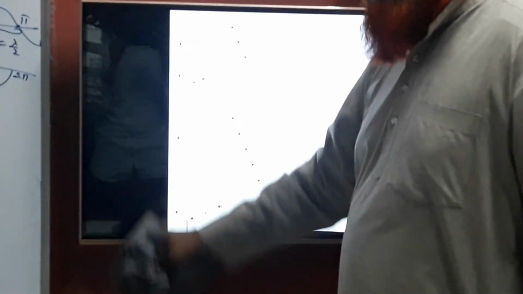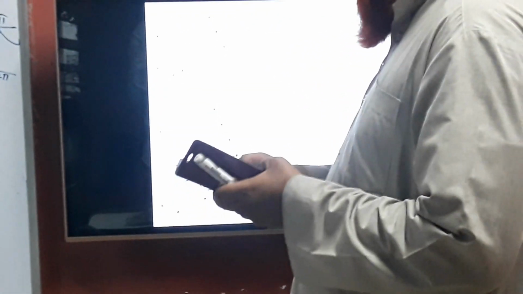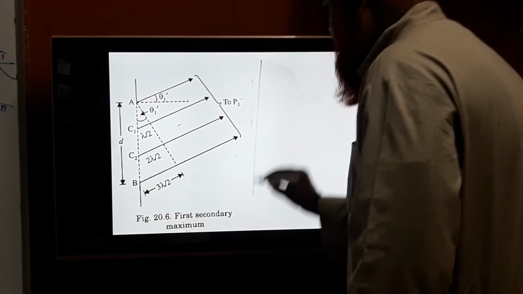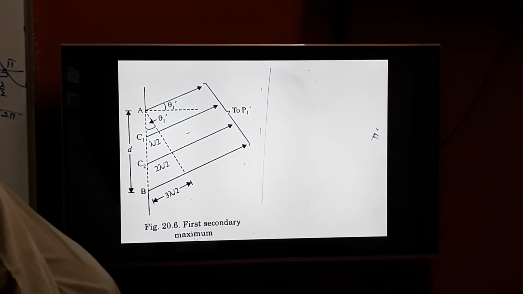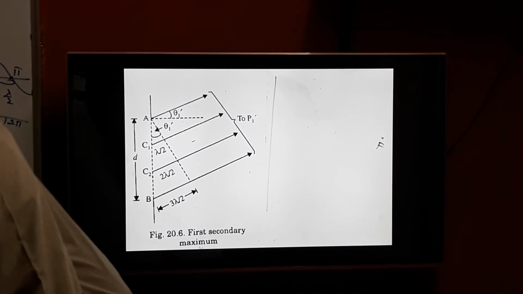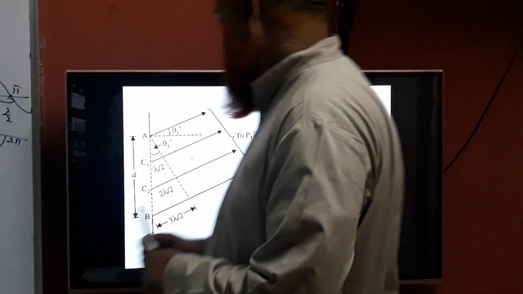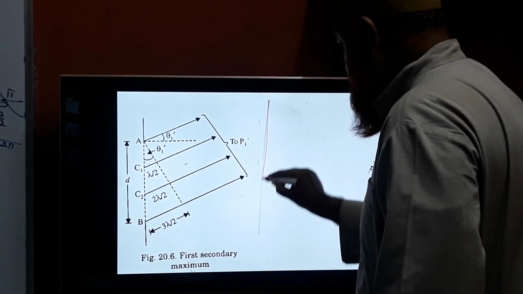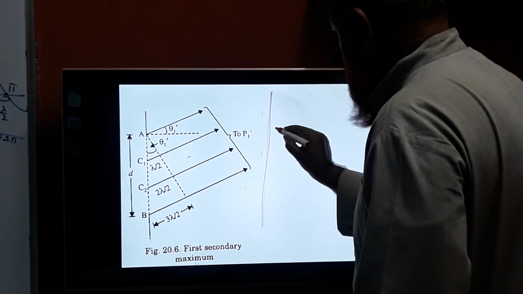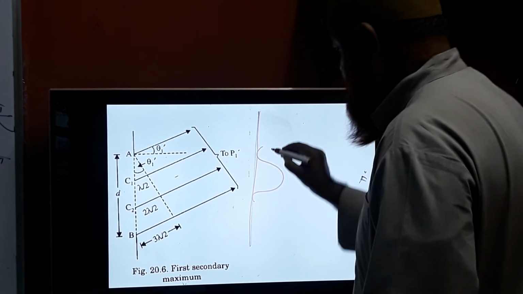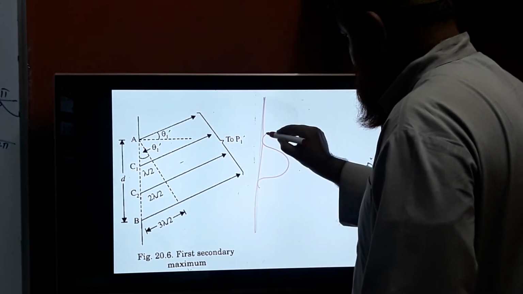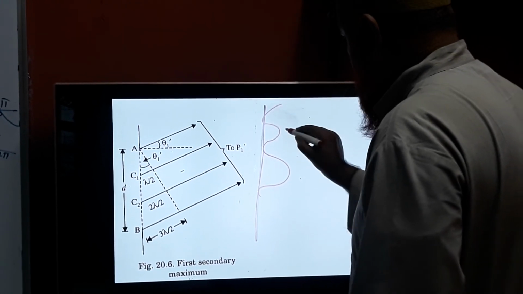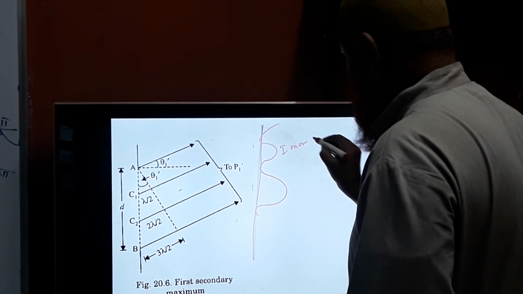Now we shall discuss how maxima are formed by another example. So this is the discussion about minima. Then what about the maxima? If I take a screen here, this is going to be central maxima, first minima, and this is going to be first maxima.